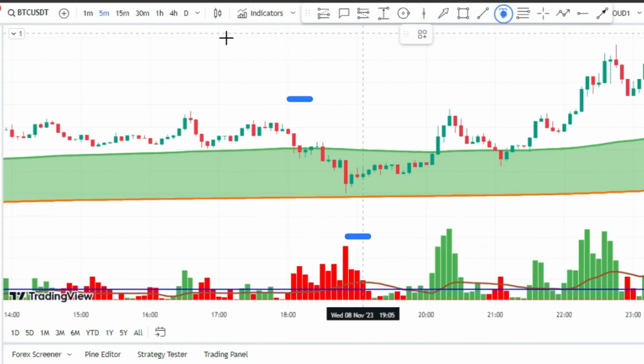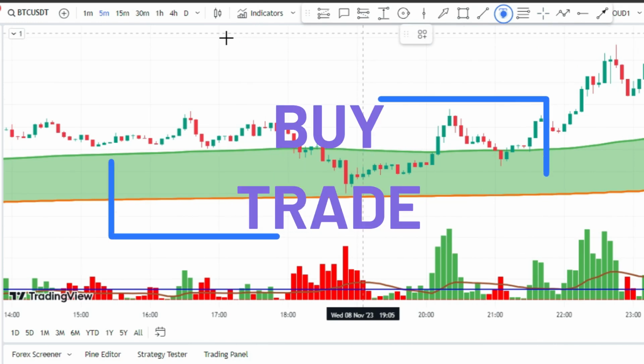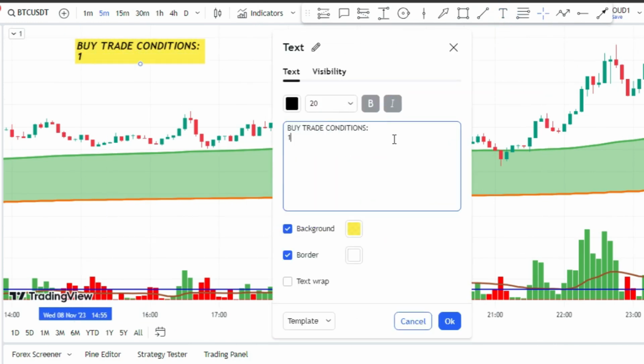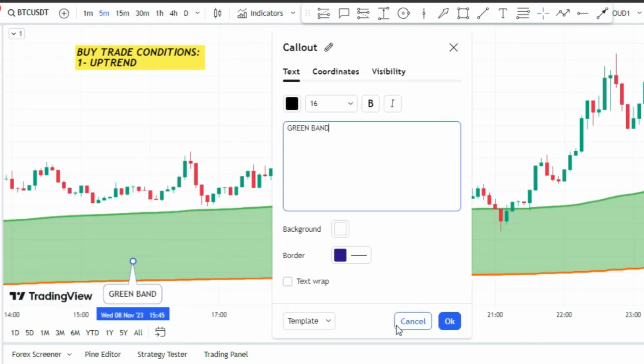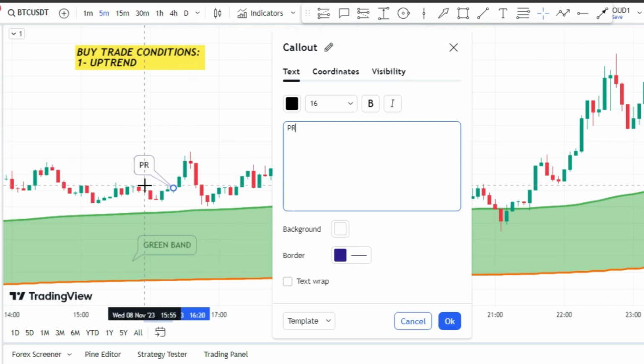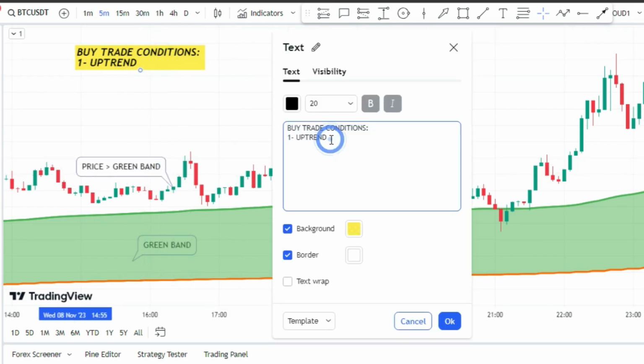So if you're ready to jump into a trade, there are a few rules we need to follow. For a buy trade, we first need to confirm an upward trend. Next, we wait for the price to test the ribbon.